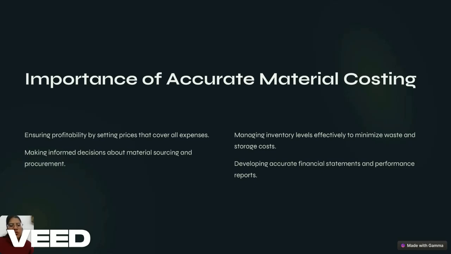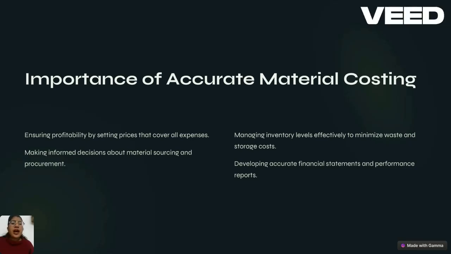Material costing is also important to manage the different levels of inventory, because when we know the exact cost of the material, it is easier for the manufacturer to decide which level of inventory would be most appropriate or effectively managed by the organization.